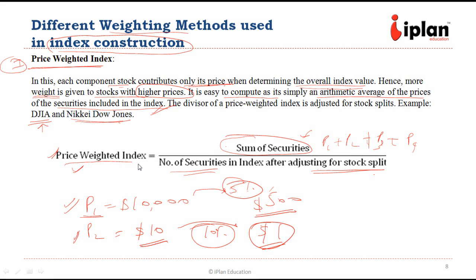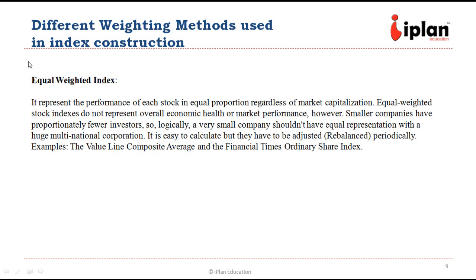Now let us look at the other methods for index construction. Another is the equal weighted index. Here it represents the performance of each stock in equal proportion regardless of market capitalization. So we are not looking at the prices or market capitalization of a particular stock. Each stock is equally weighted.